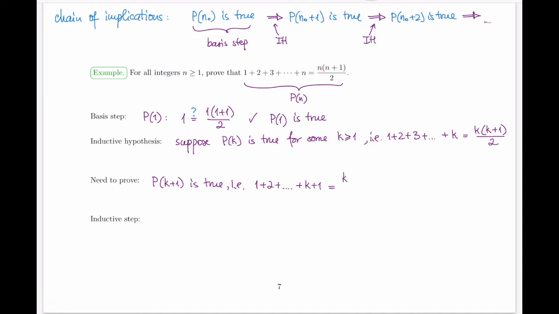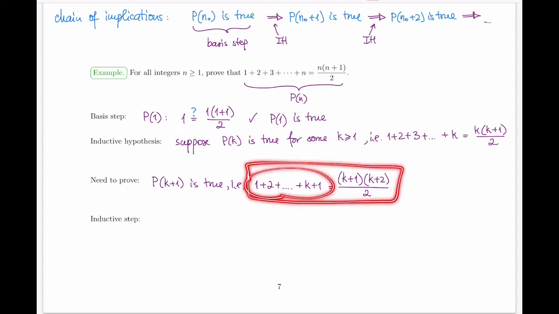So I'm going to have k plus 1, and then it's k plus 1 plus 1, so k plus 2, divided by 2. So I am going to assume that this is true, and I have to show that this is also true. In the inductive step, that's where the proving actually occurs. So I'm trying to prove this is the case.